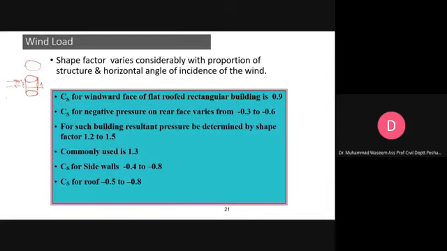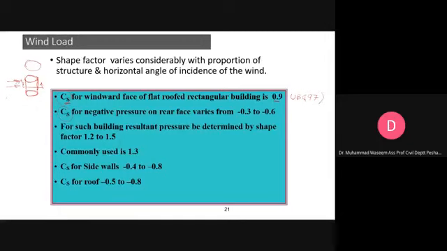In order to take the shape of the building and the horizontal angle of incidence of the wind into account, we use different factors, which we call Cs. Cs for the windward face of a flat roof rectangular building is 0.9, and this value comes from the UBC 97 code.